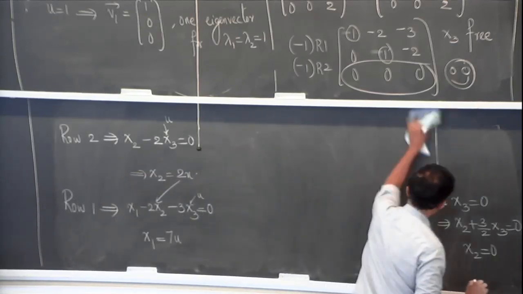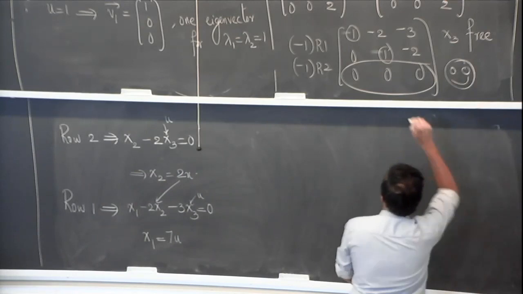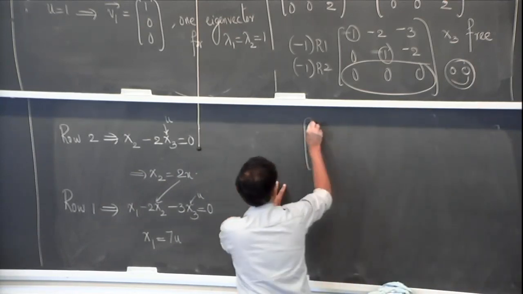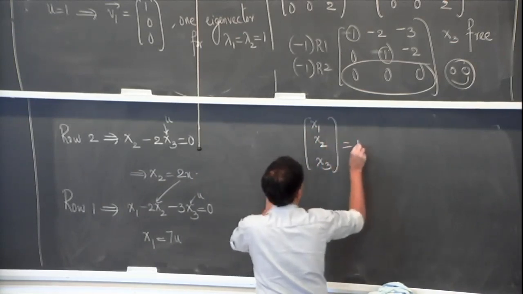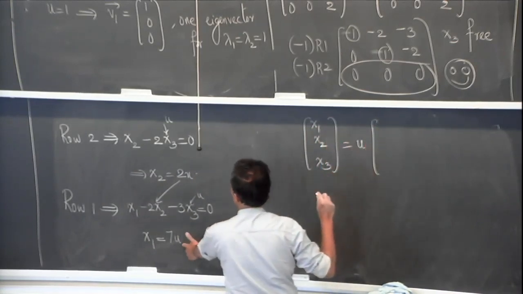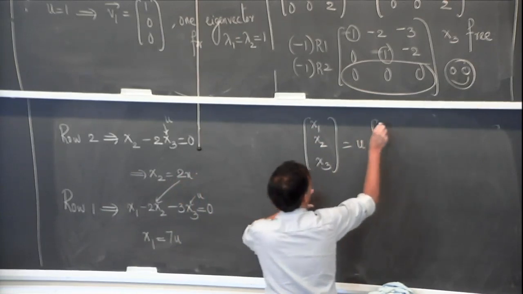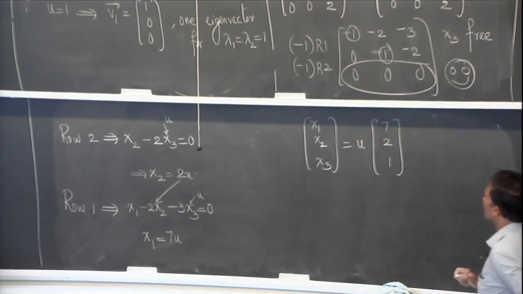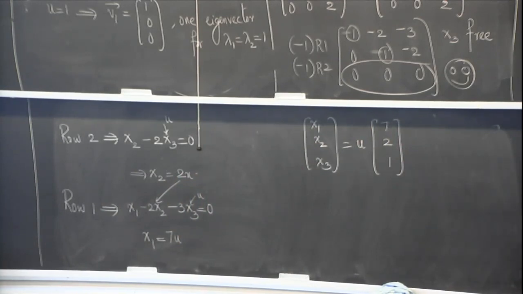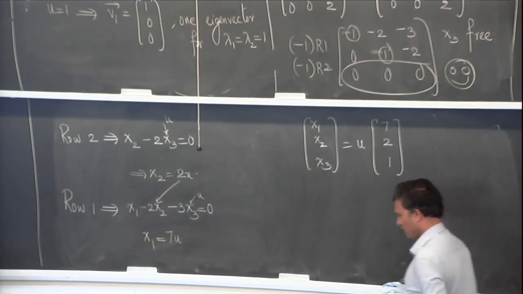So the general eigenvector for lambda 3 equal to 2 is x1, x2, x3 equal to u times 7, 2, 1. Once again, pick any favorite value for u.